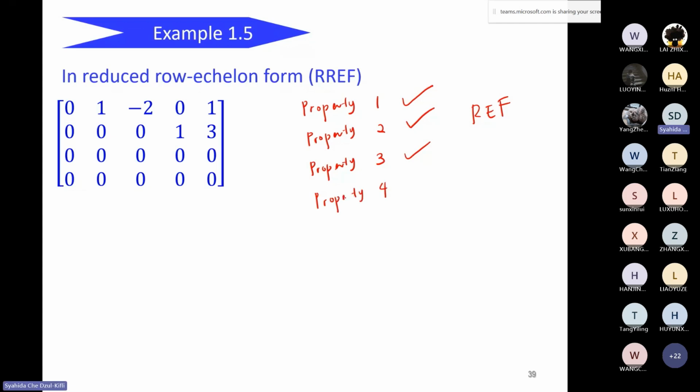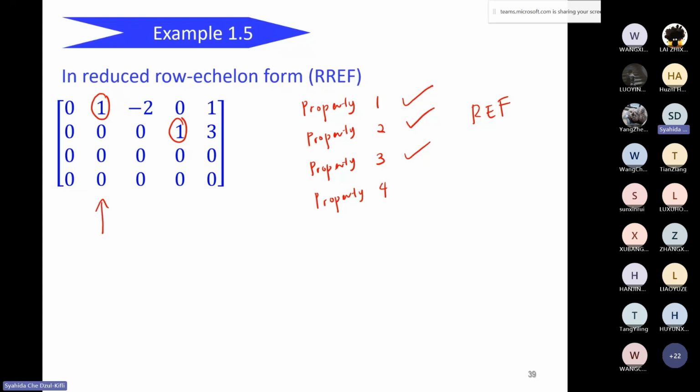Okay, now property 4. We have to check each column. We have to identify the leading one, and check the column with the leading one.